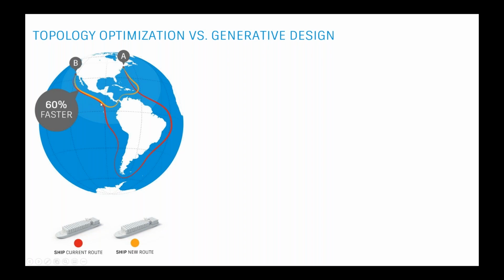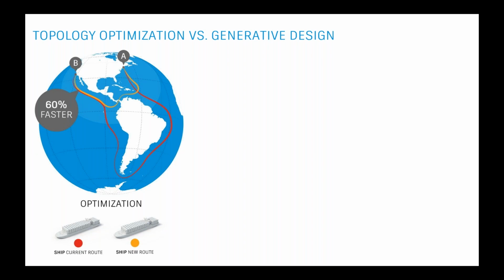It removes material in topology optimization, so you know that you can get a lighter weight part. That's what topology optimization does. It would be the same as saying, instead of going from A to B, we can go through the Panama Canal, and it gets us there 60% faster, or in terms of your part, 60% lighter perhaps.